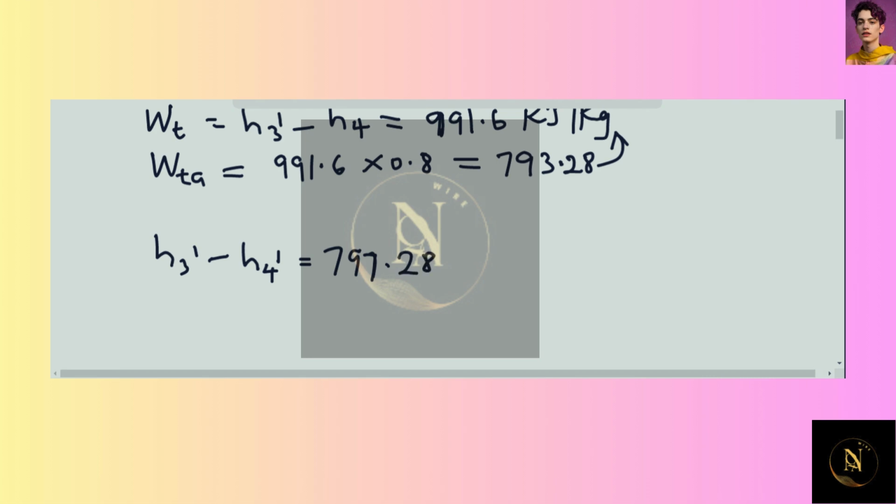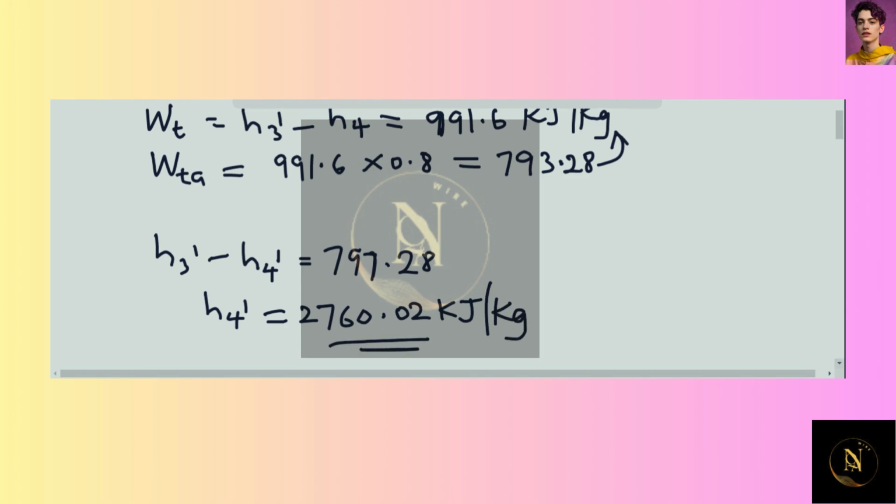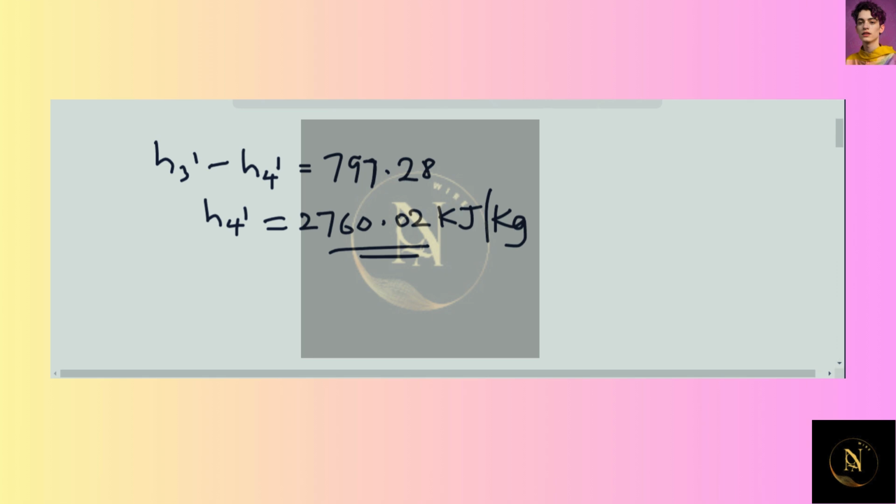So if we plug in the values, we'll arrive at 2760.02 kilojoule per kilogram. So that's what we are going to have. So we can just go ahead and solve things now.